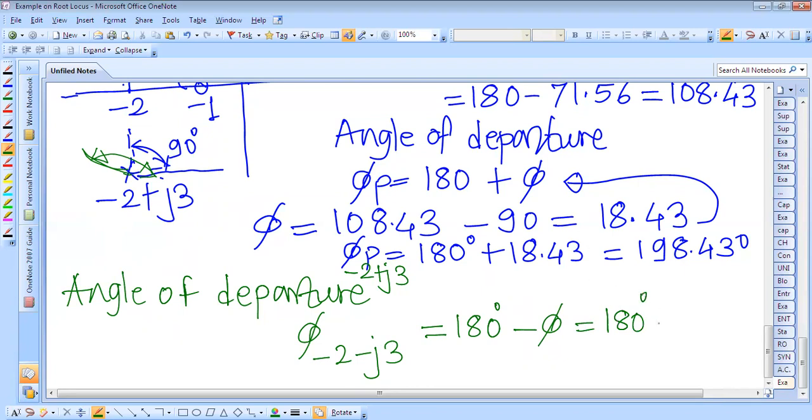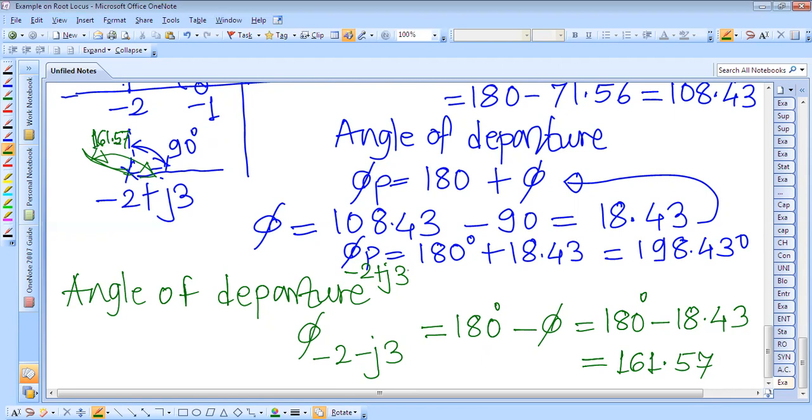Phi we have calculated, it is 18.43. So this angle is 161.57. So this is this angle. This angle is 161.57.